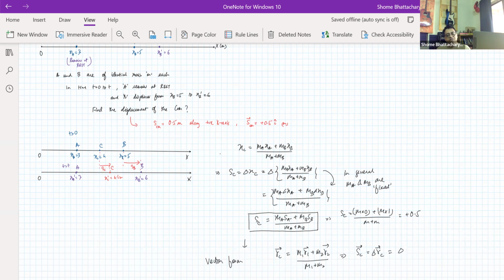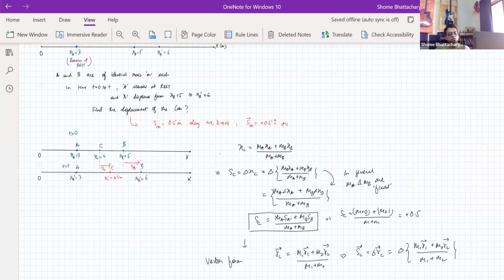So once again, it is delta of that weighted mean, M1 R1 plus M2 R2 divided by M1 plus M2. When we operate this delta onto this bracket by opening it, M1 and M2 will be treated like constants. So it will become M1 into delta R1 plus M2 into delta R2 divided by M1 plus M2.